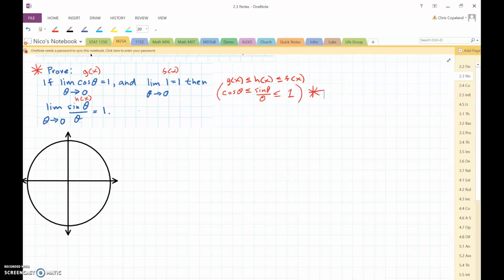So let's look at the unit circle here. Okay, let's draw a triangle like this. And let's draw another little triangle in here. Okay, so first of all, let's look at this little red triangle.